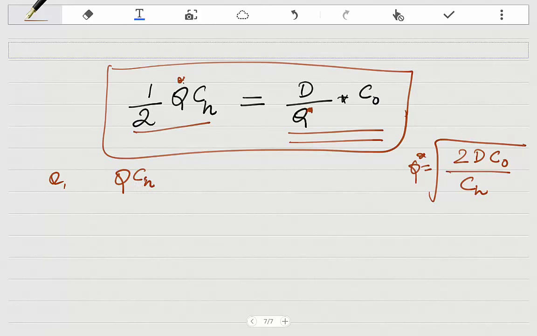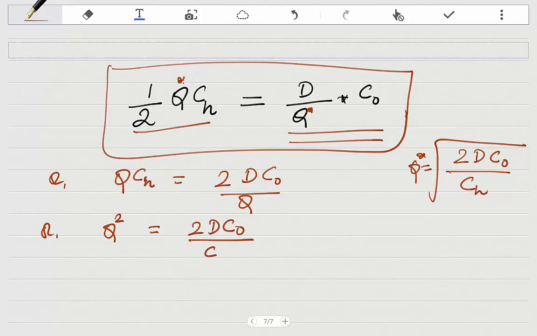We have Q CH over 2, so we want to get rid of this 2 first. To get rid of this 2, we have to do cross multiplication. It comes out with 2DCO divided by Q. Now remember, we want to find out that particular Q, so we have to collect this Q. So this comes out to be Q squared times CH equals 2DCO, and this CH goes to the bottom, so Q equals the square root of 2DCO divided by CH.